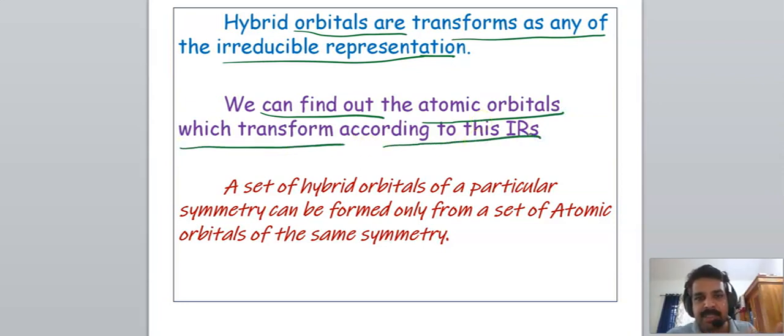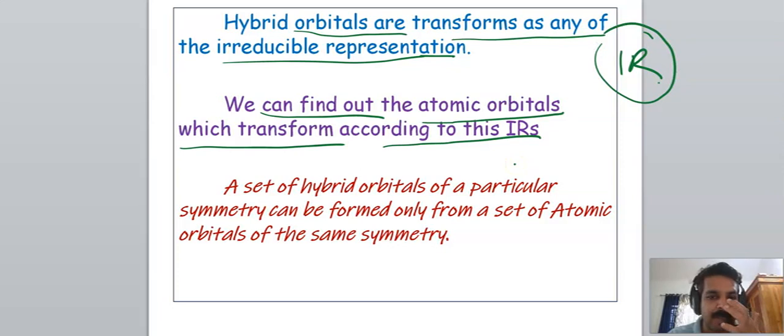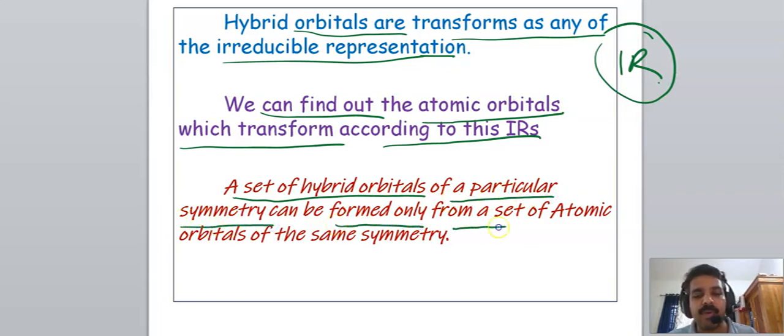One important point is that a set of hybrid orbitals of a particular symmetry can be formed only from a set of atomic orbitals having the same symmetry.